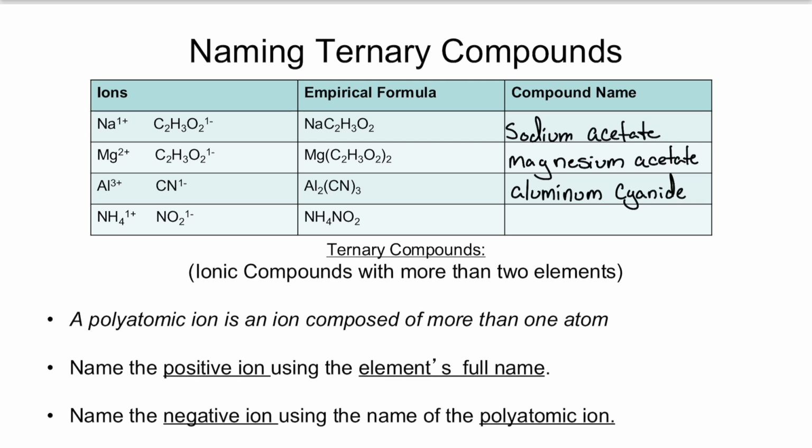Most polyatomic ions are negative, meaning they're anions, but there is one positive polyatomic ion, NH4 with a +1 charge, and that is called ammonium. And then NO2 on your chart is nitrite, ITE.